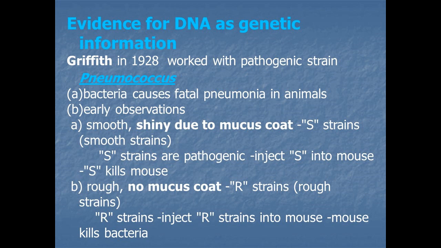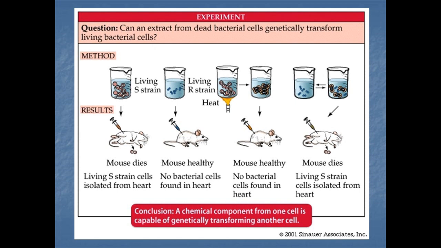He took two strains, called the S strain and the R strain. The S strain is the smooth strain and is pathogenic.